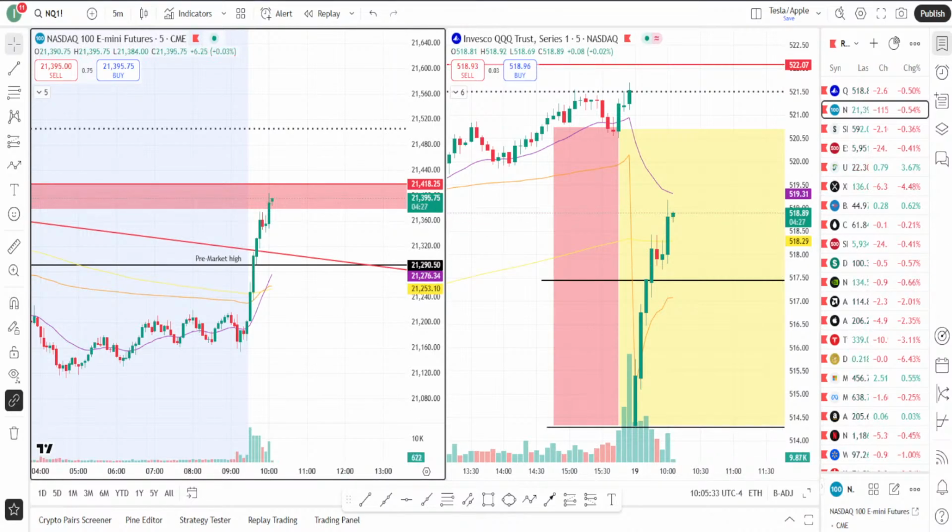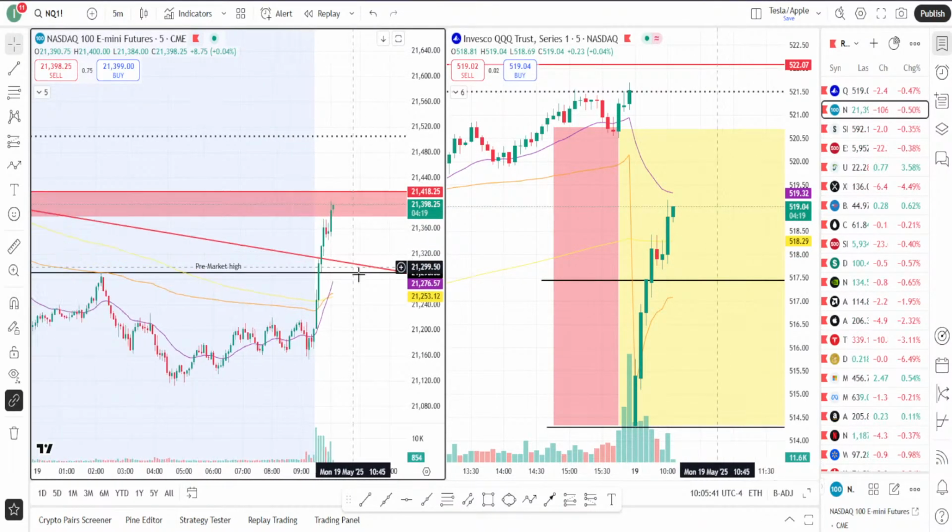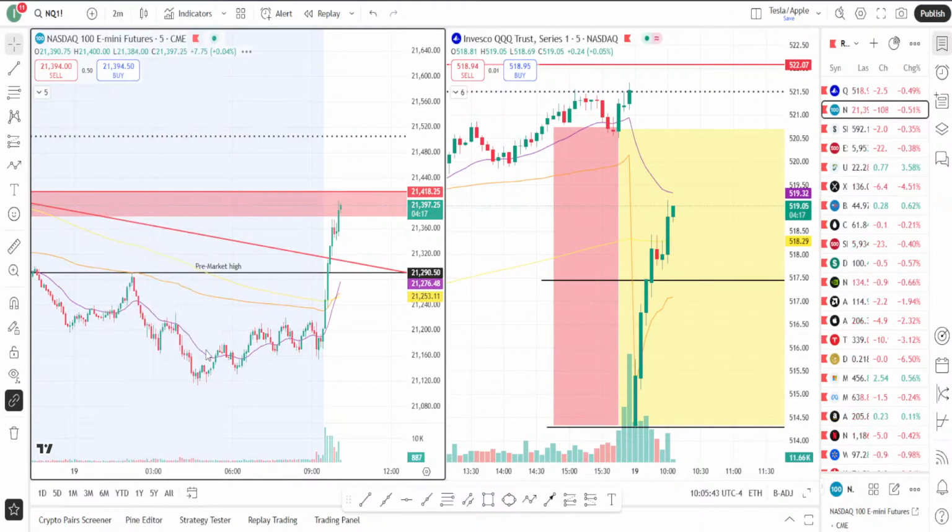Time for that pullback yet? Nope. We might be hitting up another range here. Let's see. Look at the 2-minute here.